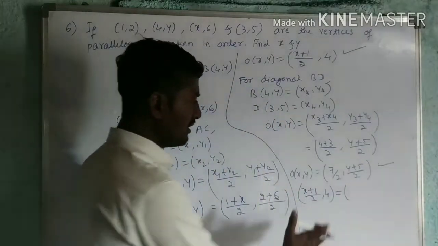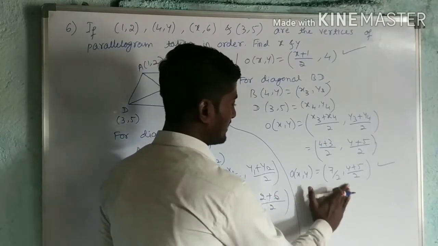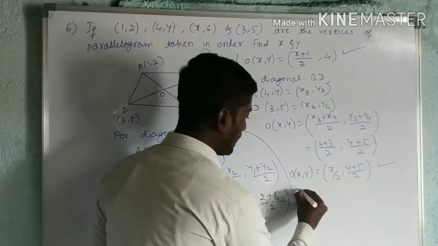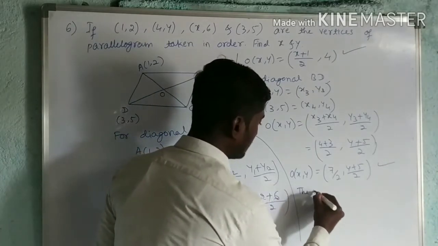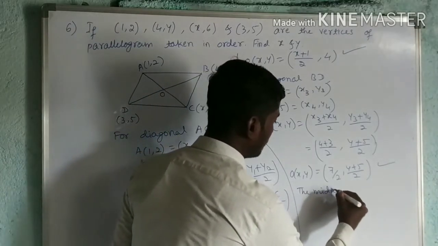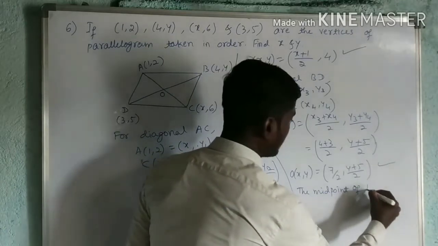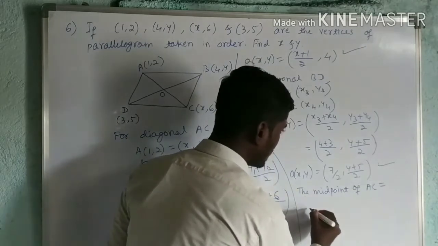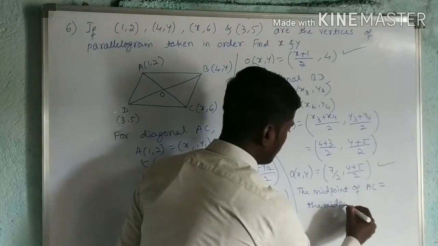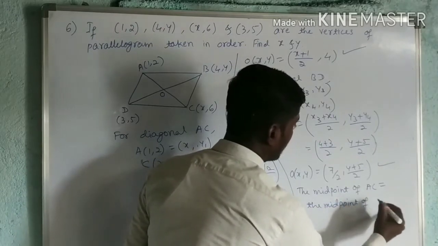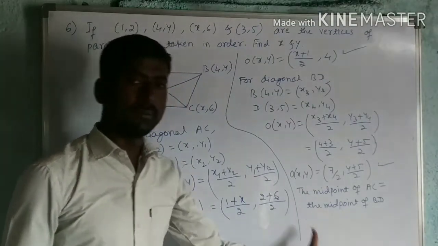Otherwise I will write one statement here. The midpoint of AC is equal to the midpoint of BD.